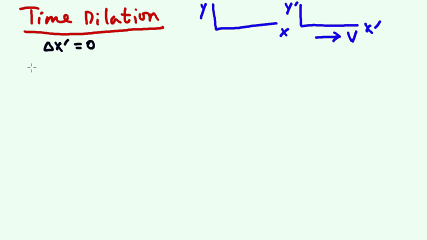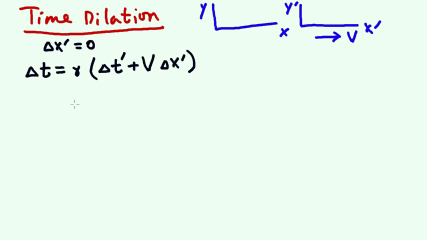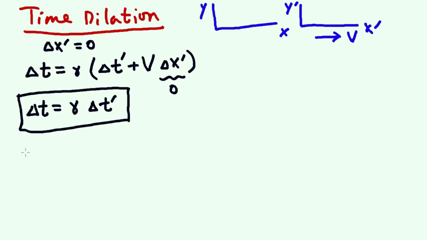One equation for that is delta t equals gamma times (delta t prime plus v delta x prime). So in this equation we can put delta x prime equals 0, and then you get the time dilation effect right away, gamma delta t prime. So that's what we derived in the previous lecture using this light clock.